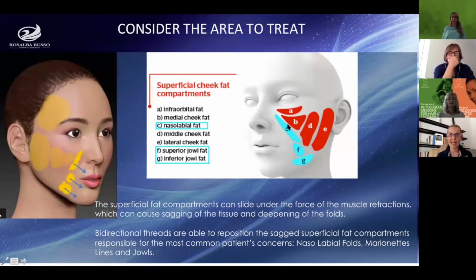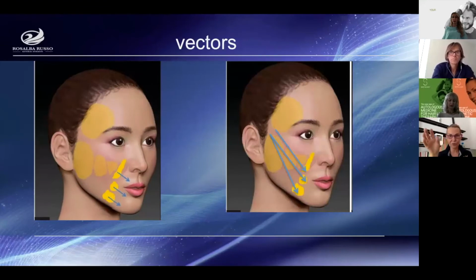Most of the time you have to improve the nasolabial fold and the superior and inferior jowl. This is the most important area to treat, because when the patient asks to improve the nasolabial fold and correct the jowl, and when you speak about threads, this is the area where you have to concentrate your goal.